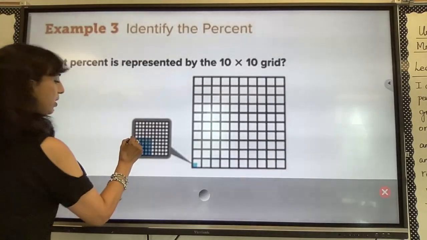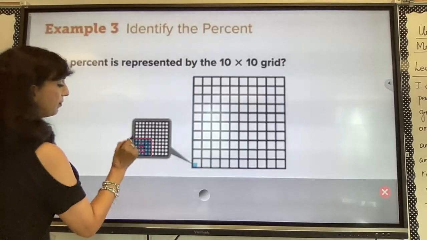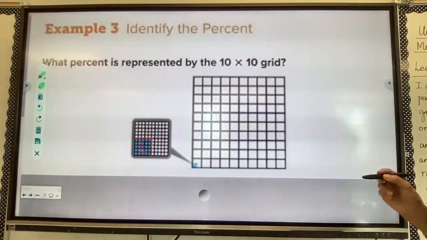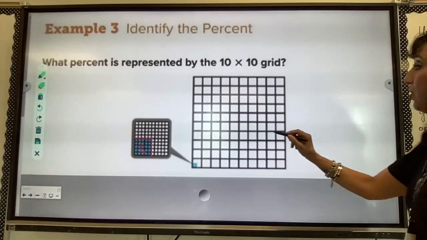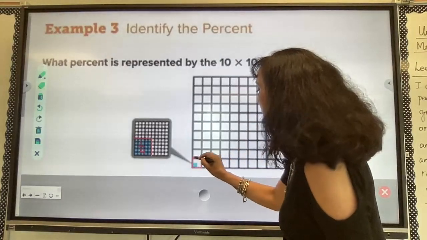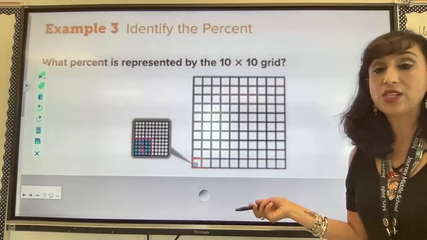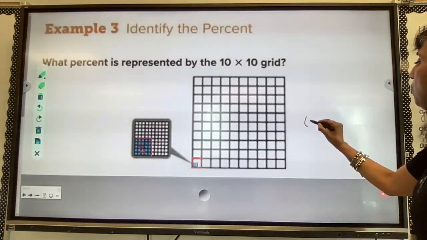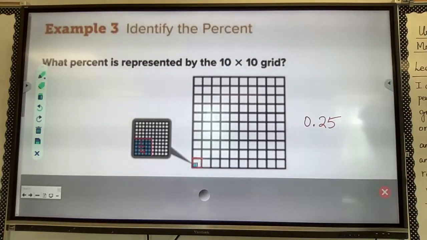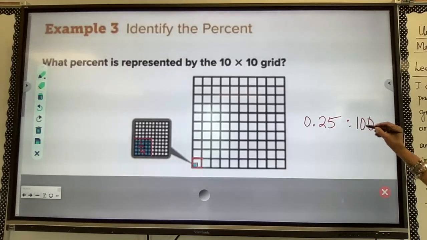I can see that only this much is colored in. So this is my 1/4, right? And 1/4 is what? 25/100th. So therefore, because this whole thing would be 1, right? But this is only this much, look. So that is nothing but your 1/4, which is 25/100th. Okay, that is my ratio and out of 100.